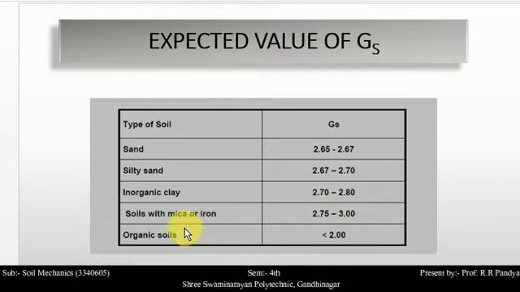For soil which contains mica or iron, between 2.75 to 3. And the soil which has organic content in higher proportion, called organic soil, has a specific gravity less than 2.0.